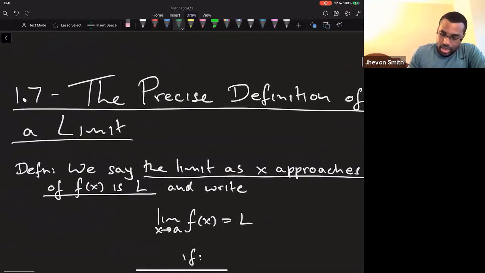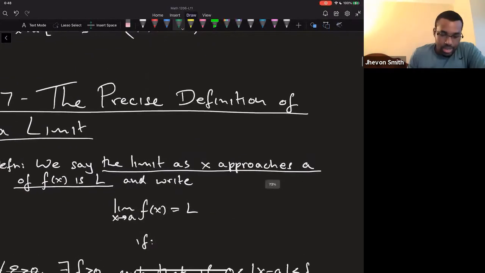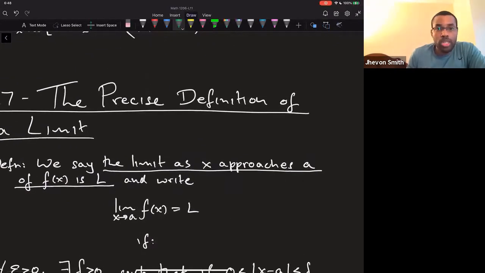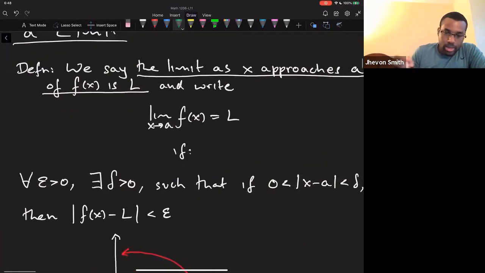So here is the definition. We say the limit as x approaches a of f of x is L, and we write this symbol, the same one we've always been writing, if the following happens. This is read "for all."